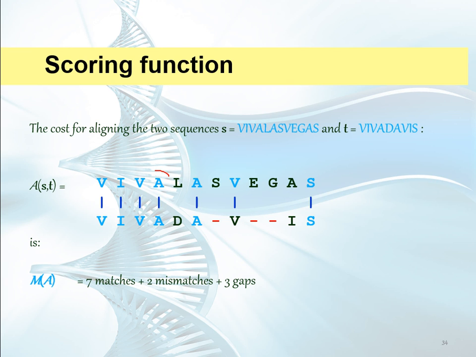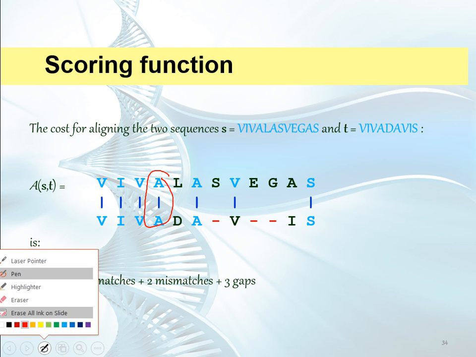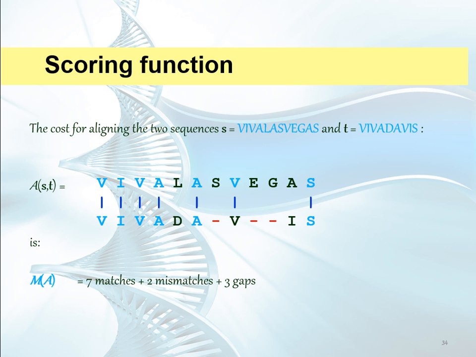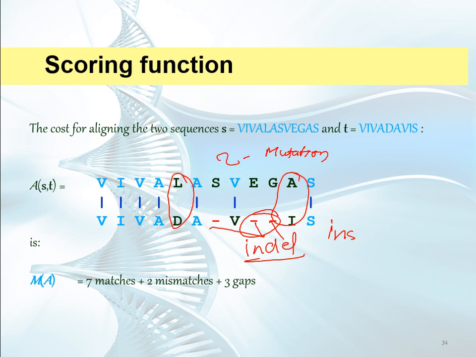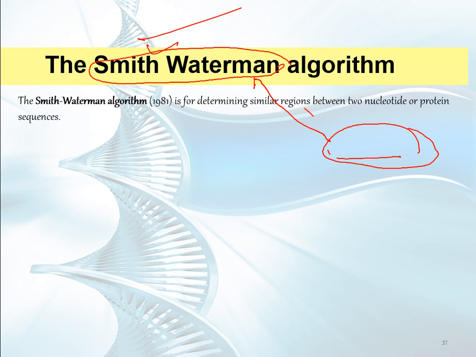This is mismatch through mutation. Again, this LD mismatch, repair mismatch, this is mismatch. These two are going to be through mutation, and this gap means insertion or deletion. Okay.